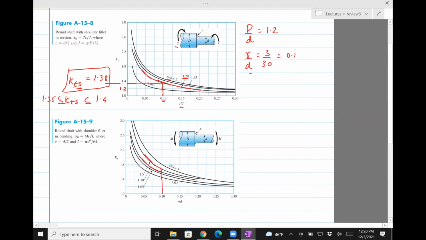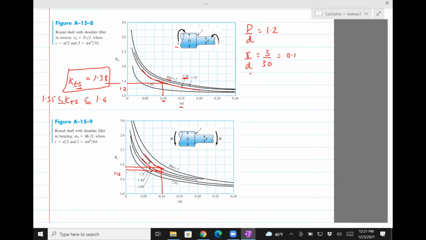Okay, so somewhere between this line and this line, this is the top, this is the lower boundary. This is 1.6. So I guess it's somewhere between, 1.7 maybe is a good guess.